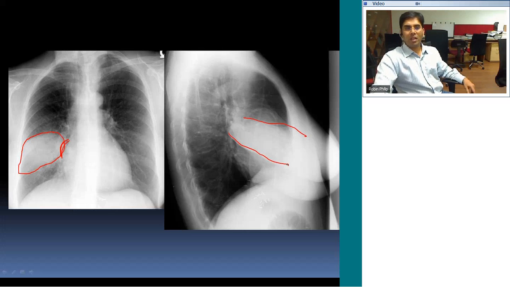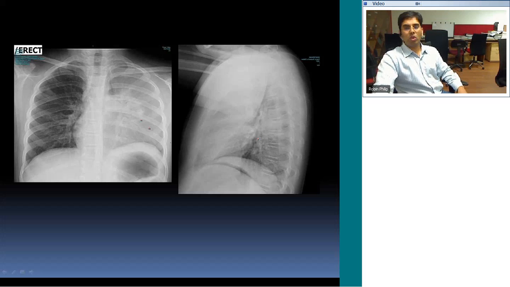And to compensate for that, there is always hyperinflation of the other lobes. You can see there is hyperinflation of the other lobes as evidenced by this. This is basically a right middle lobe atelectasis. You're seeing very homogeneous opacity, unlike in consolidation, where you will see volume loss.